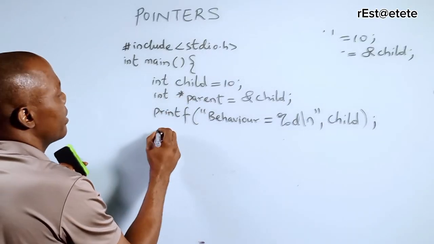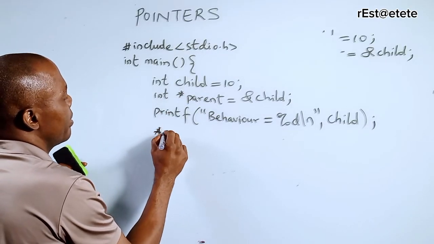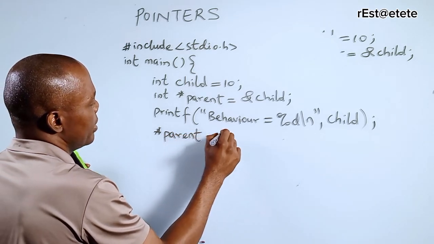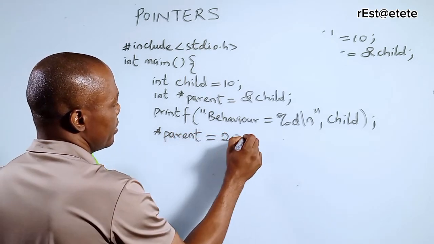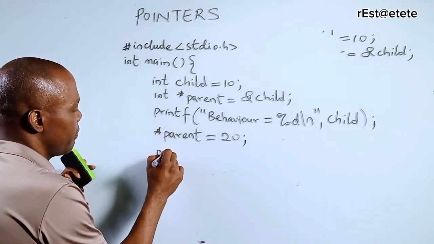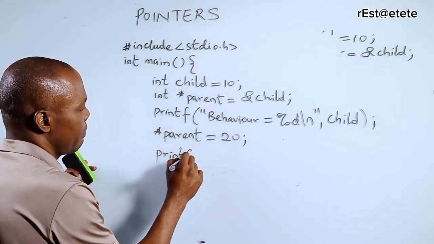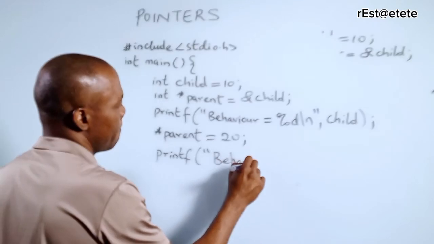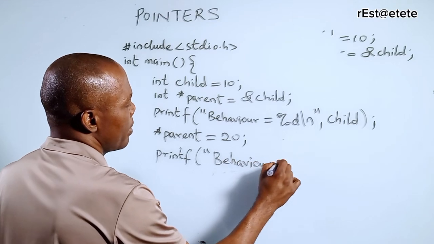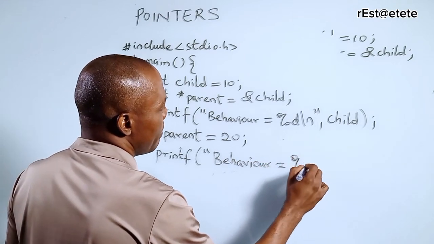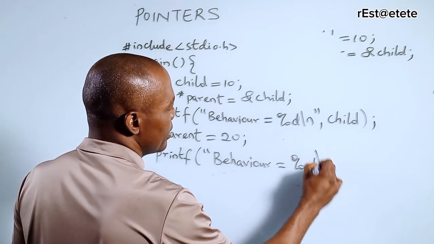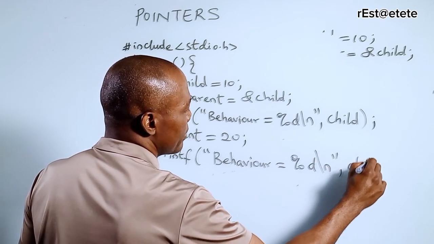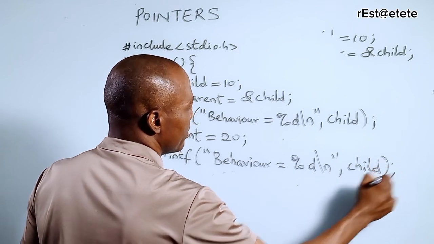Then I say asterisk parent equals 20, right? Then I say printf behavior equals percentage d slash n, child, right?